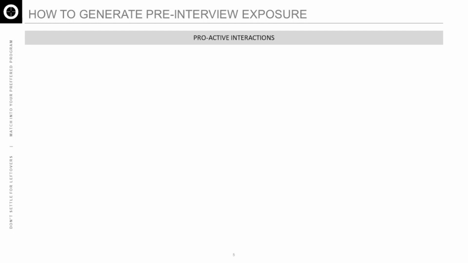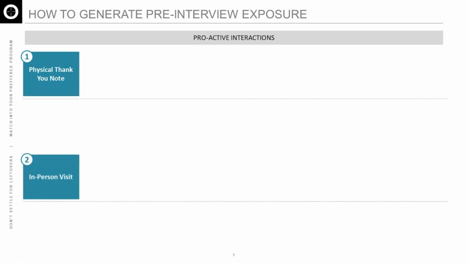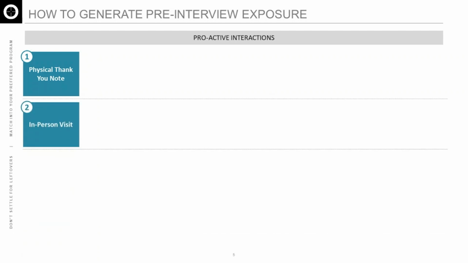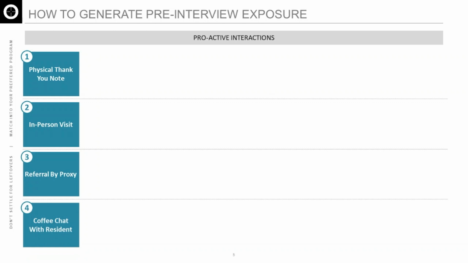Those 4 are: number 1, a physical note thanking the program for scheduling you for an upcoming interview. Number 2, an in-person visit to introduce yourself. Number 3, a referral by proxy. And number 4, a coffee chat with a resident. All 4 should be completed long before the interview. Otherwise, the purpose of the step is completely defeated.